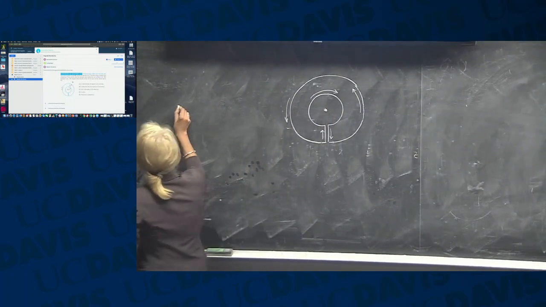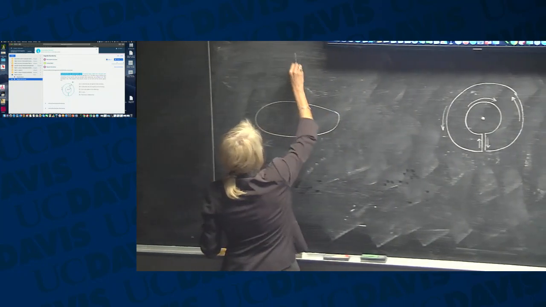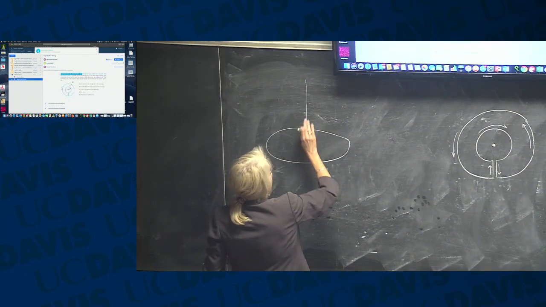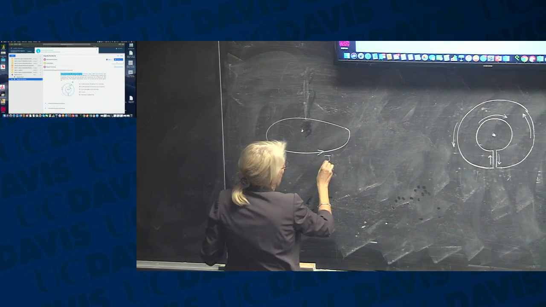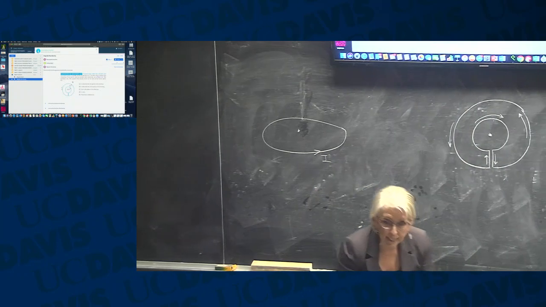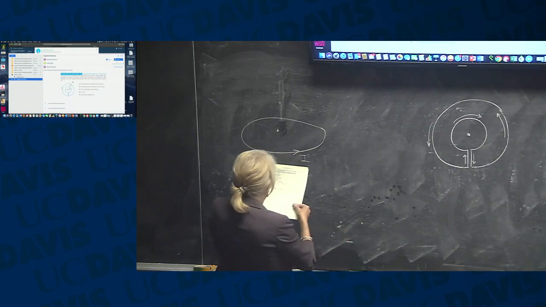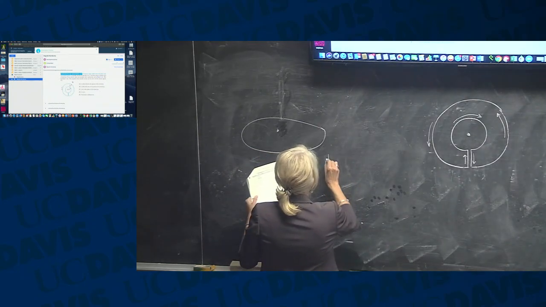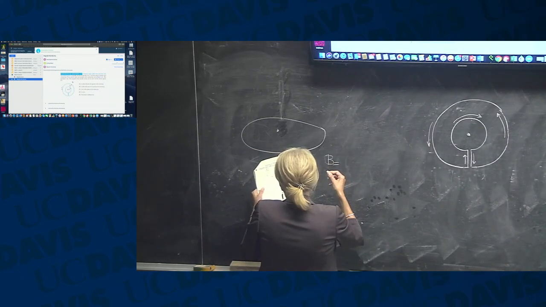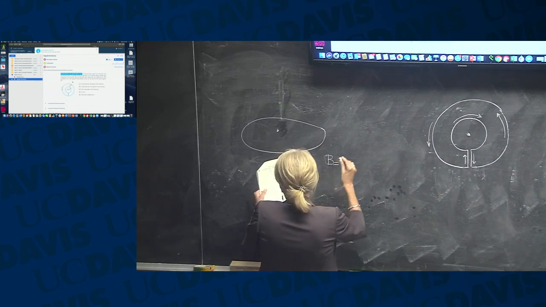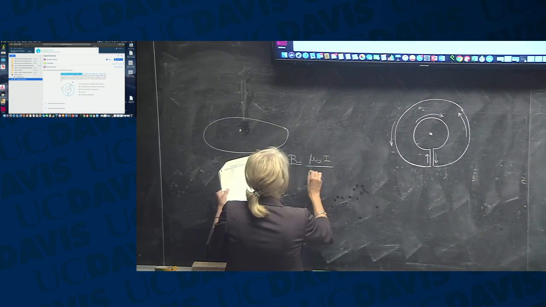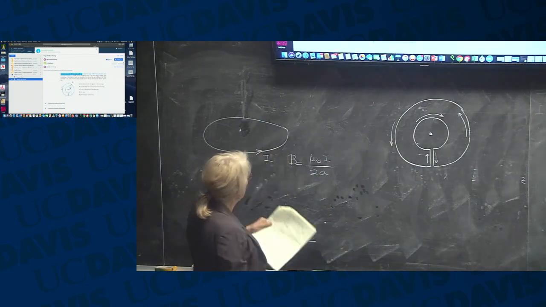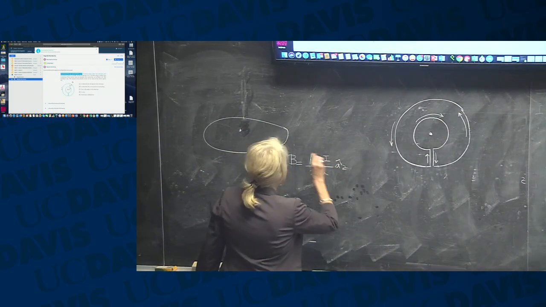You remember we had that one circle here, and we looked up there, but if you look at the center of this circle, what we found, I will write it for you, at the center where z is 0, what we found was that B was mu naught I over 2a, all right? That's what we found for that.